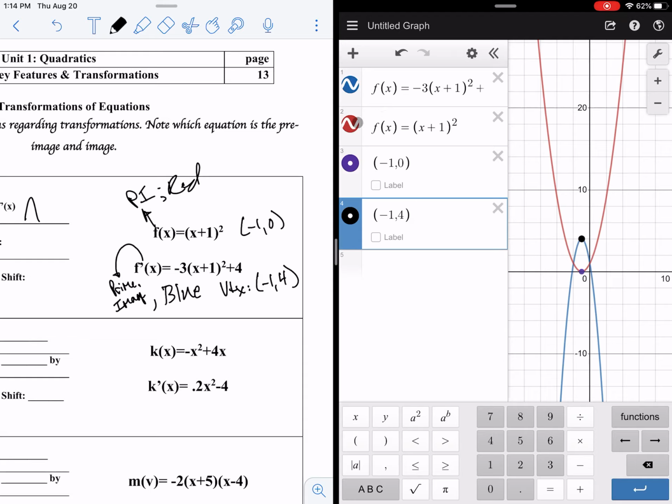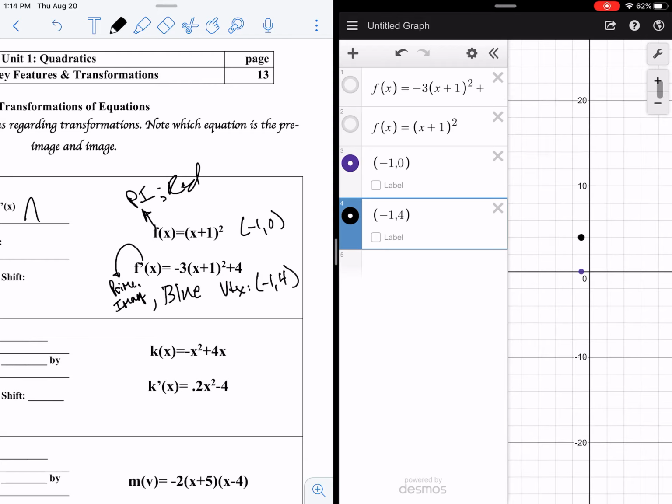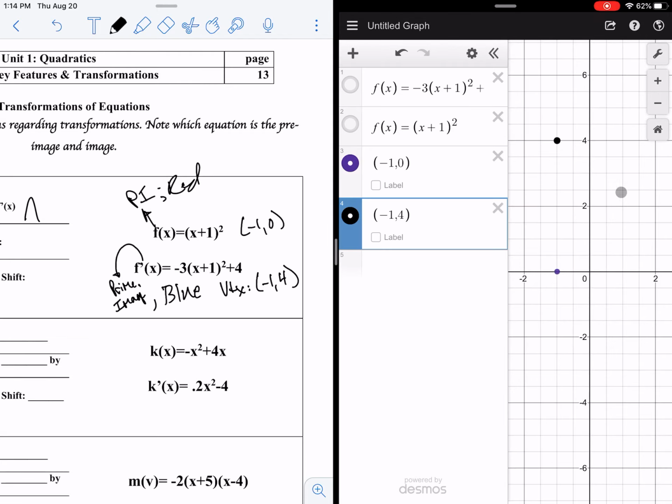Now I'm going to hide both of these because I'm just concerned with point movement. I'm going to change this point to red since it belongs to my pre-image, and change the black one to blue since it belongs to my image.